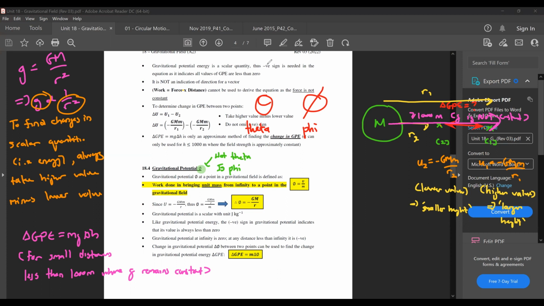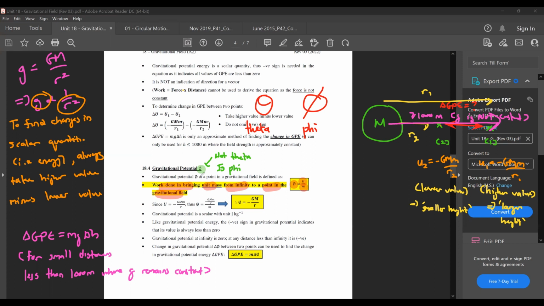The definition for gravitational potential is that it's similar to gravitational potential energy, just that it's per unit mass. So gravitational potential can be defined as work done in bringing a unit mass from infinity to a point in the gravitational field. If you try to write it down in equation form, this means that gravitational potential is gravitational potential energy divided by mass.